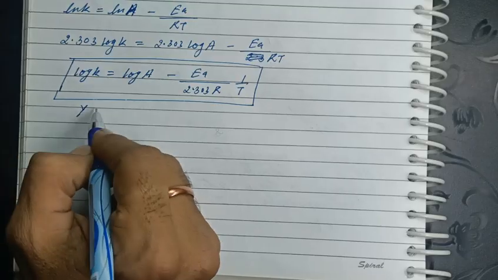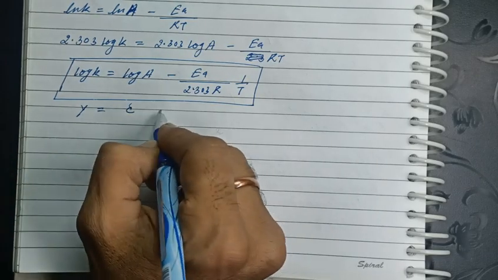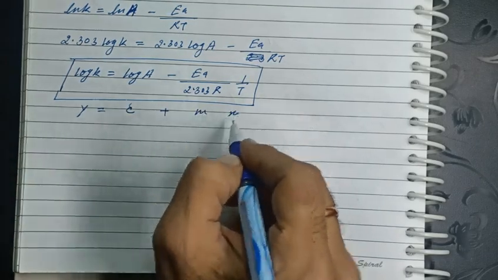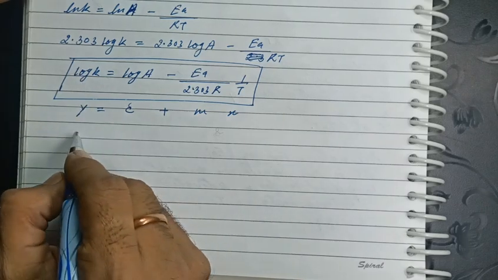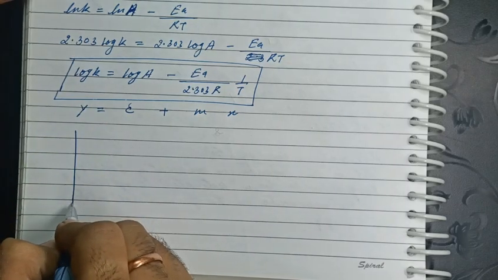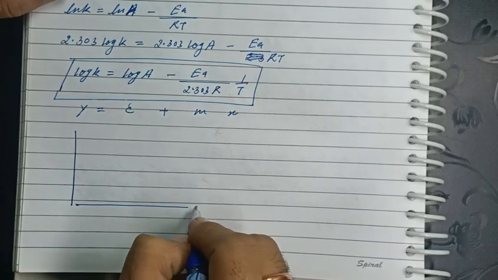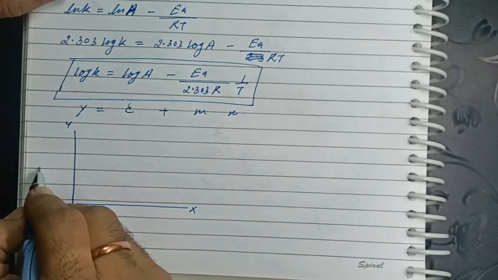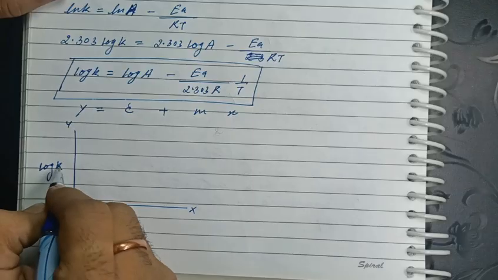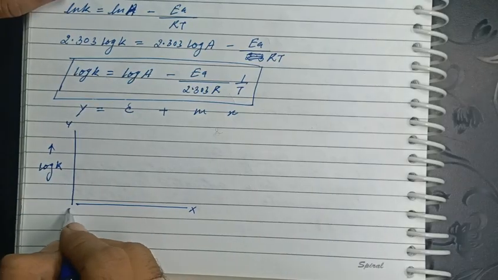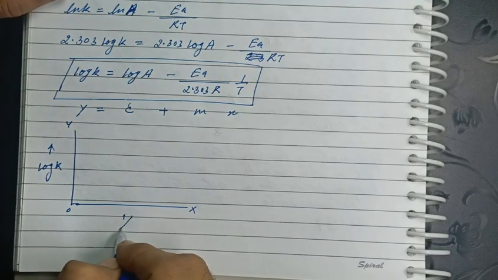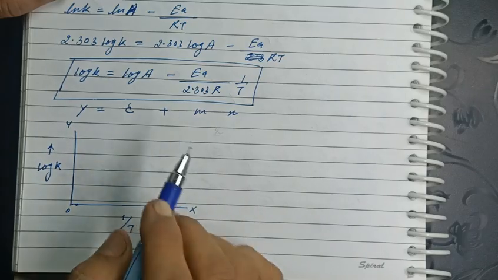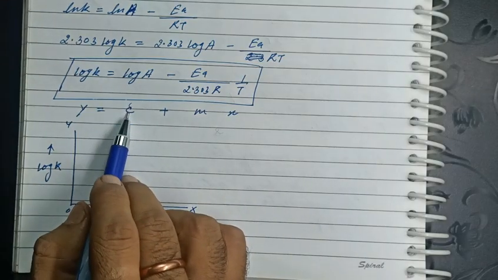Now again equating the equation with the equation of straight line, y is equal to c plus mx. This y coordinate is log k, x coordinate 1 by T. We have value of y intercept.